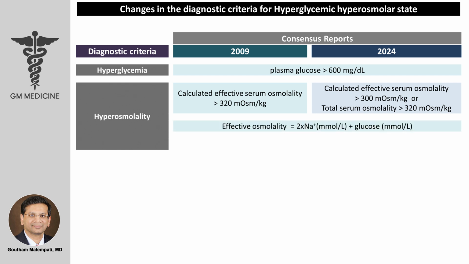Effective osmolality is calculated as 2 times sodium in millimoles per liter plus glucose in millimoles per liter. Total osmolality is calculated as 2 times sodium in millimoles per liter plus glucose in millimoles per liter plus urea in millimoles per liter.